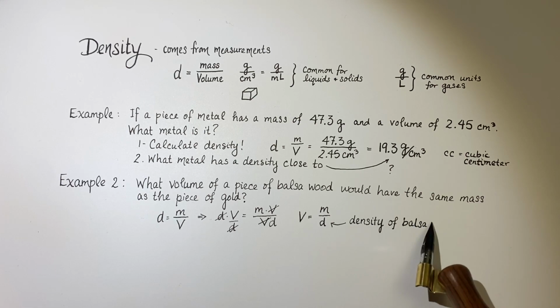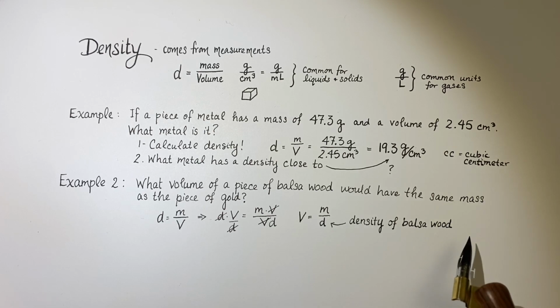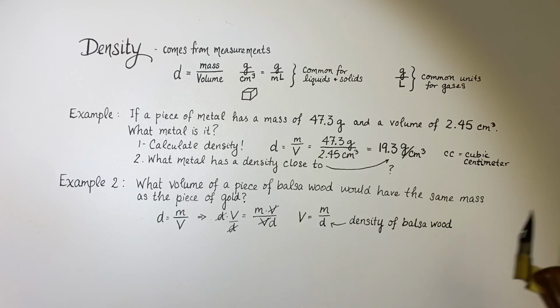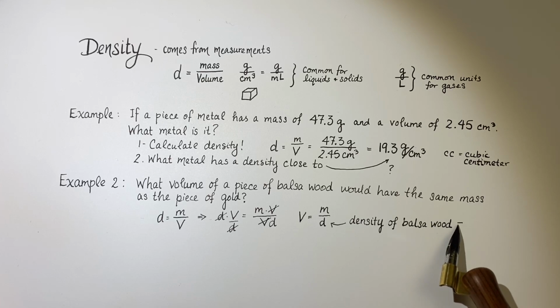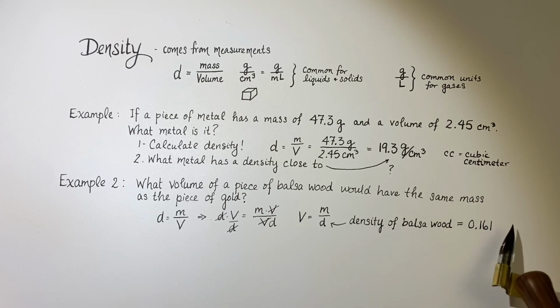And because now we're curious about balsa wood, we need to get the value for the density of balsa wood. So if we look that up, because that is known, it is 0.161 grams per centimeters cubed.